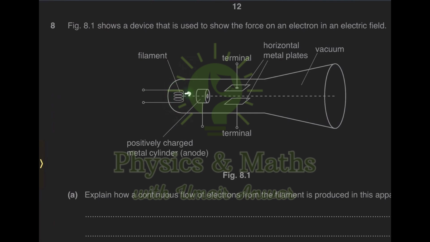Then secondly, when the electrons are emitted from the filament, they are attracted by this positively charged anode, and by attracting these electrons, the anode accelerates the electrons and forms a continuous beam of electrons being generated from the collaboration of these two components in the device.